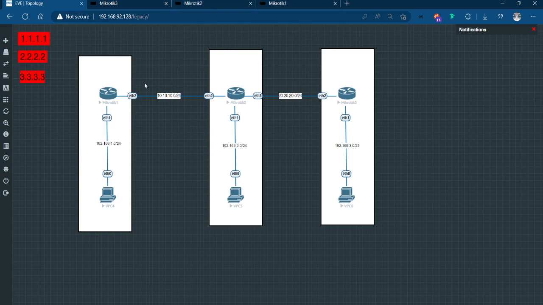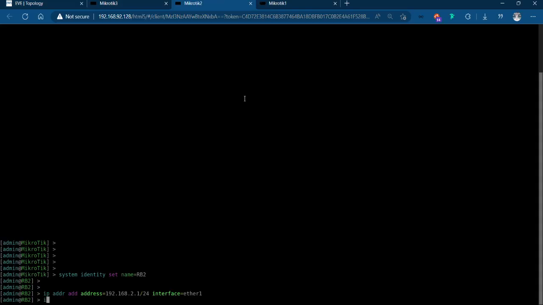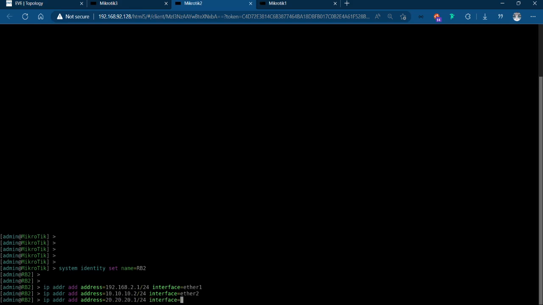The left gateway will use 10.10.10.2/24, with interface ether number two. Now we add 20.20.20.1, with interface ether number three.